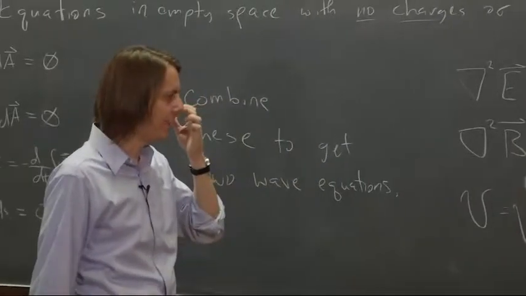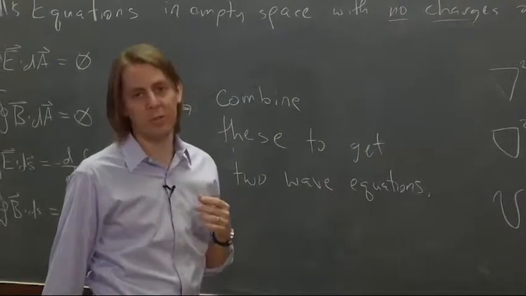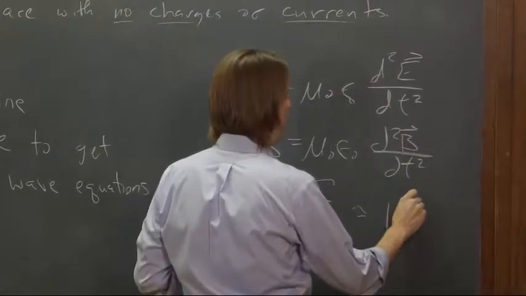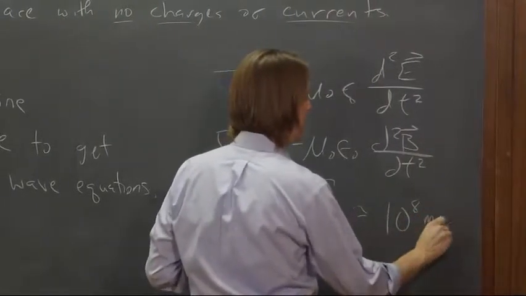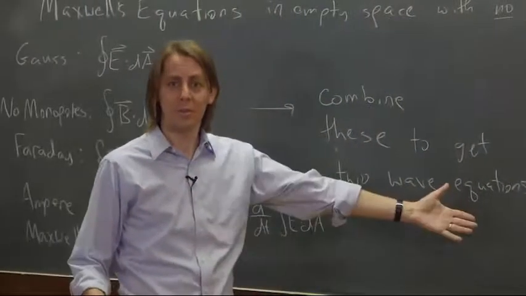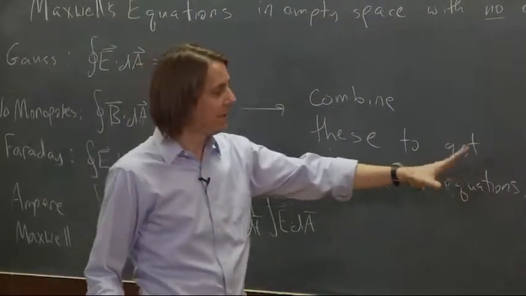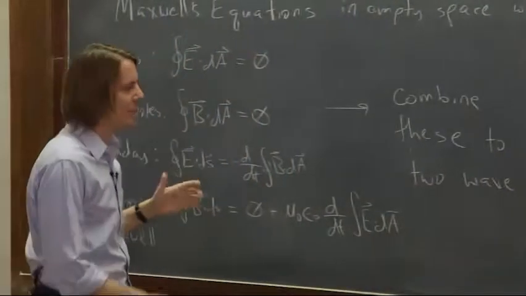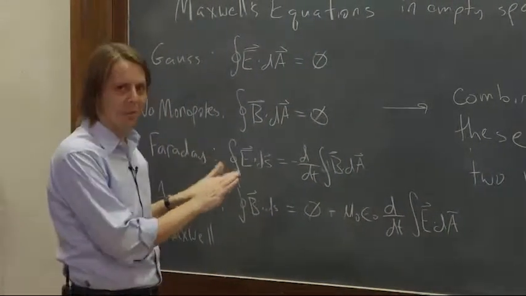They had been measured at the time. And he realized this is a really fast wave. Like the speed of this thing is on the order of 10 to the 8 meters per second. And he's like, what wave goes 10 to the 8 meters per second? And he realized it was light. Right? He realized that light is really an oscillation of the electromagnetic field. And that's really not something that people were thinking about.